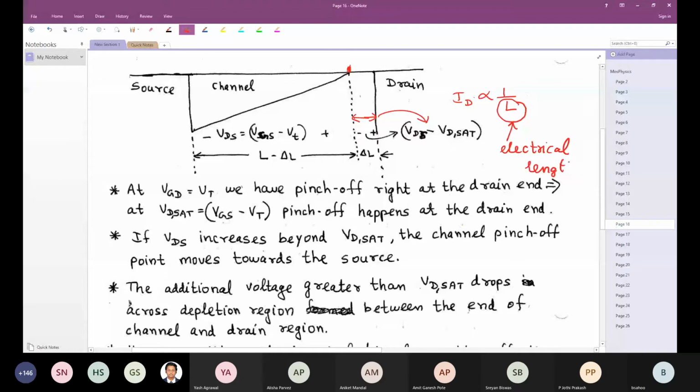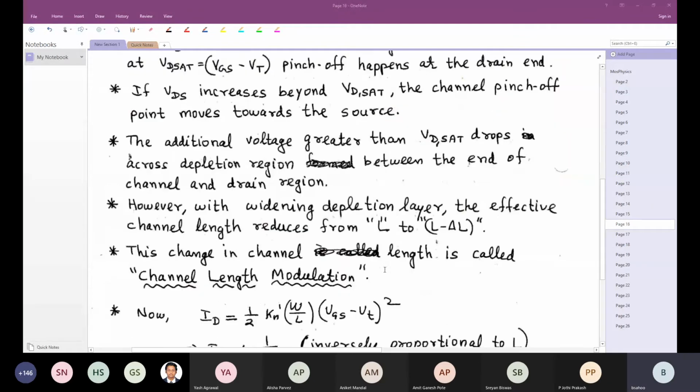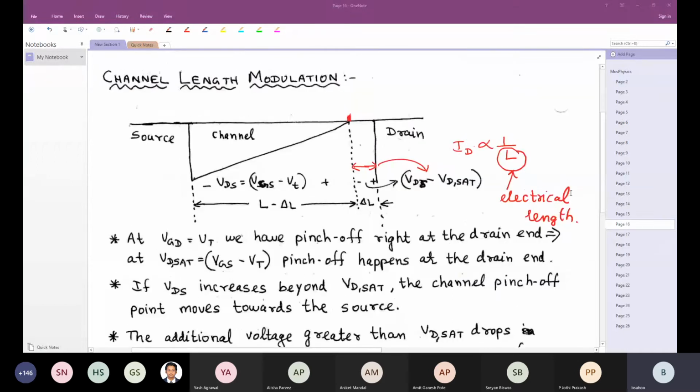However, with a widening depletion layer, the effective channel length reduces from L to L minus delta L. So this electrical length is also called the effective channel length.